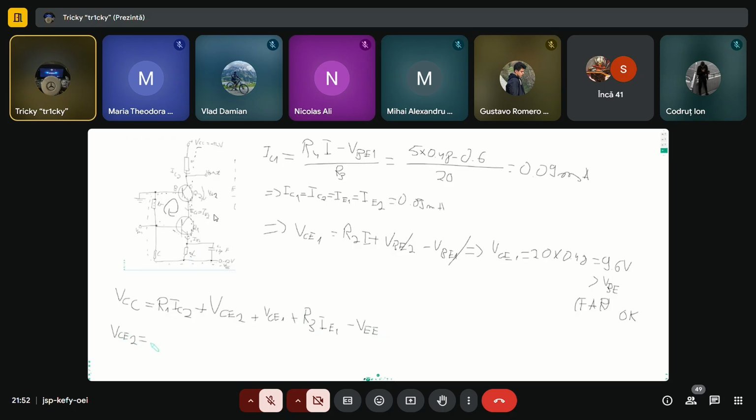This is equal to VCC minus R1 IC2 minus VCE1 minus R3 IE1 plus VEE.